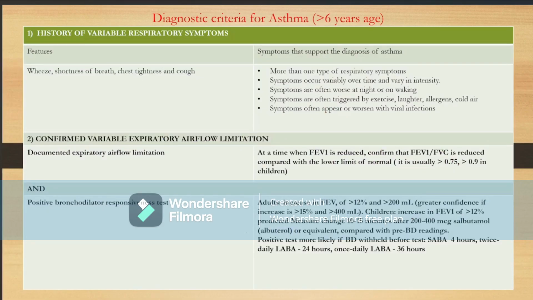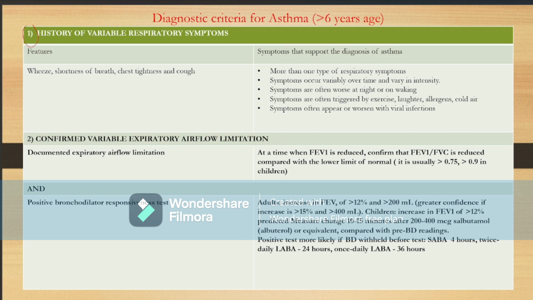Now come to the diagnostic criteria for asthma in the age group more than 6 years. In this video, I tell about the diagnostic criteria of asthma in those more than 6 years. And in the next video, I will tell the diagnostic criteria for asthma in children less than 5 years. The diagnostic criteria for asthma have two parts.